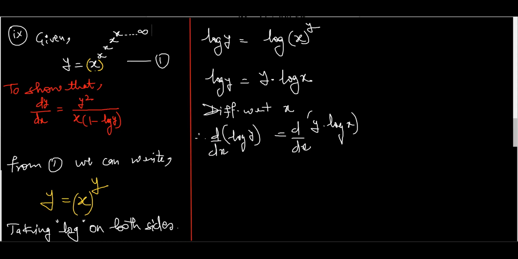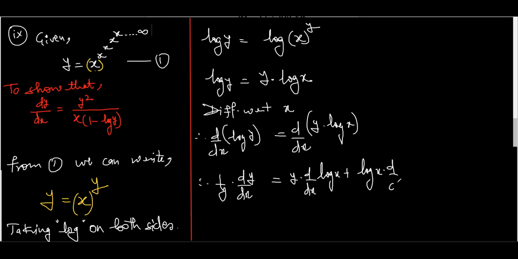So what I have, d by dx of log of y is 1 upon y into dy by dx, equals, by the product rule, y into derivative of log x plus log x into derivative of y.